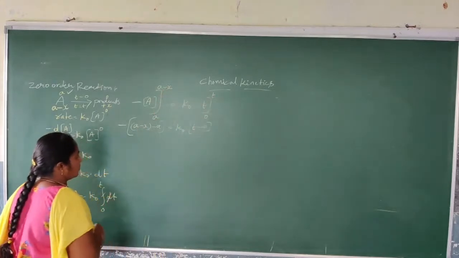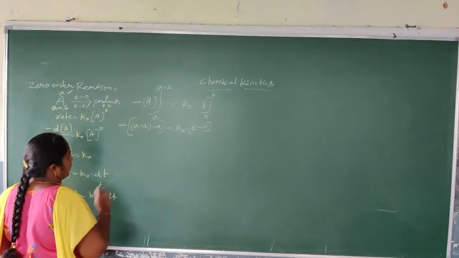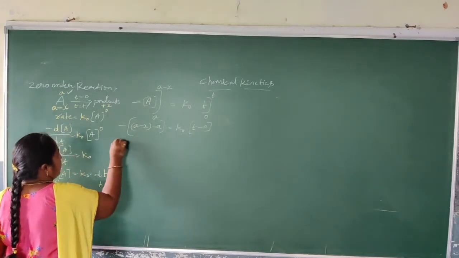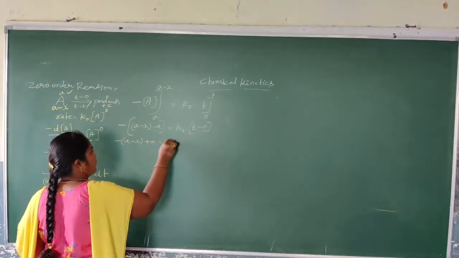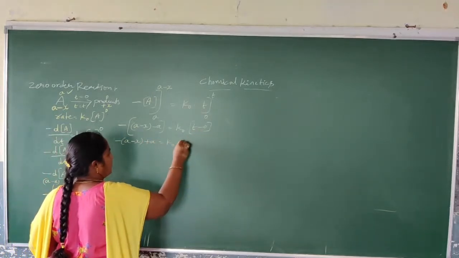Minus will enter into the brackets. We are getting minus AX plus A is equal to K naught T minus 0.